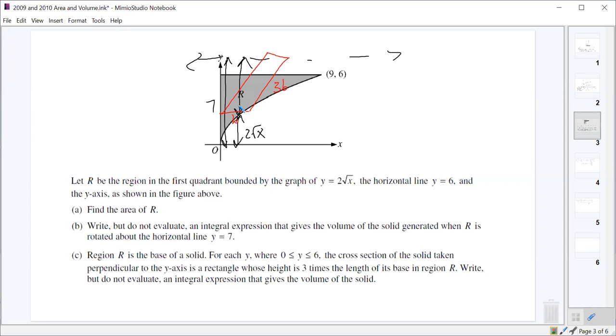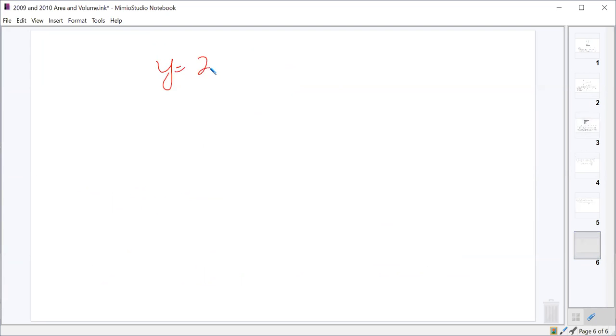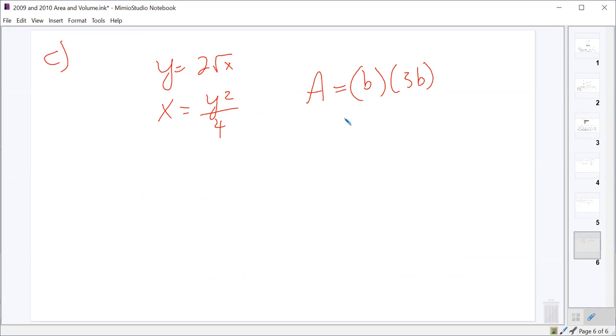True? So since our base is just x, we should be able to solve y equals 2 root x for x. That gives us x equals y squared over 4. And our area, which ought to be the base times 3 times the base, because those are just rectangles, right? 3b squared should just be 3 times y squared over 4 dy.